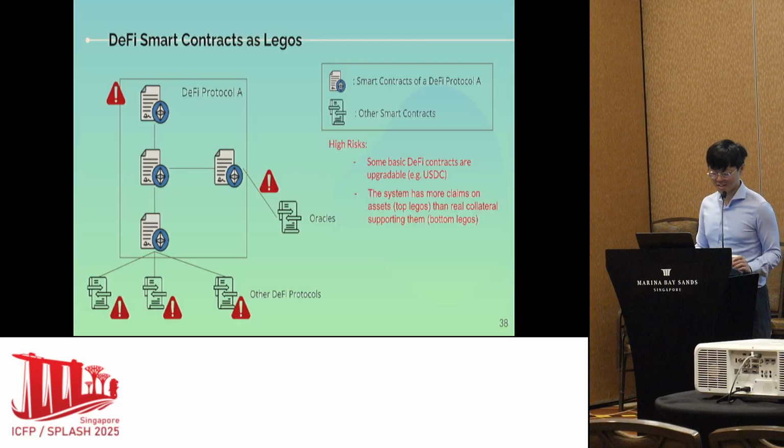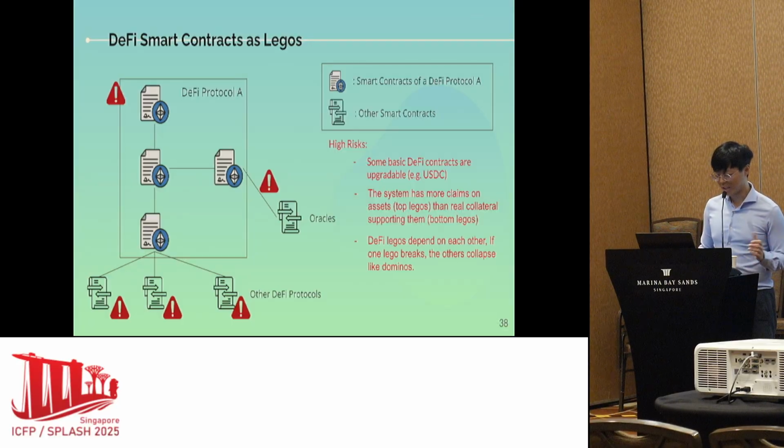The second one: if there's a scenario where the system has more claims on the asset, which is the top Legos, than real collateral supporting them, which is the bottom Legos, then the system has a systemic risk. It can collapse overnight. And the third one is that the DeFi Legos depend on each other. If one Lego breaks, the others collapse like dominoes.